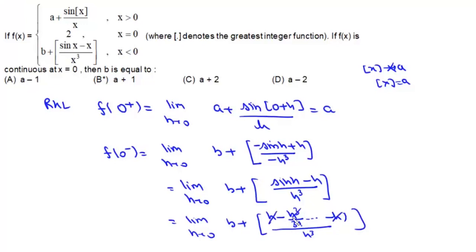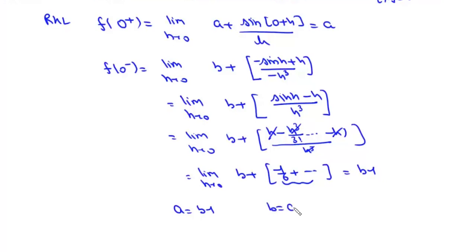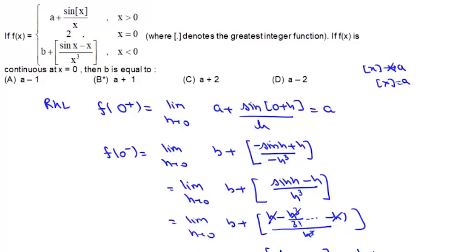Now this h and h will cancel, this h cube will also cancel, so this limit will be limit h tends to 0, b plus minus 1 by 6 plus higher powers of h. Now this value will be negative, so it will be less than 0, and greatest integer function of 0 negative is minus 1, so it will be this b minus 1. Now if this function is continuous, then a must be equal to b minus 1, or the value of b is a plus 1, and that's your option B.